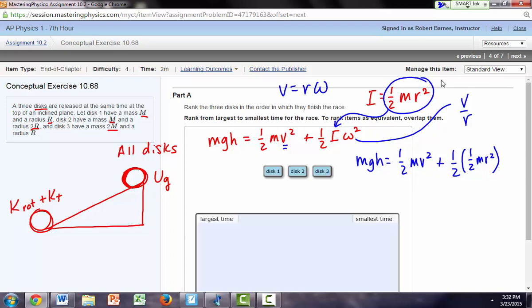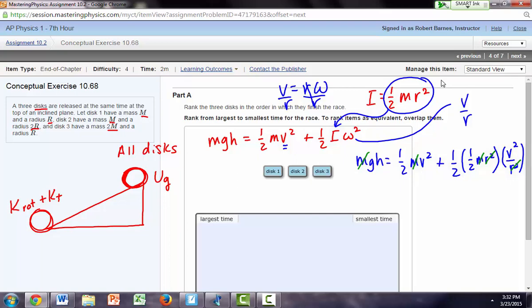So to substitute in for omega, I divide both sides by the r, like I did in the last problem with the same variable. So that's going to be v squared over r squared here. And look what happens: the r is going to cancel out. The mass is in each term. So right away you can see that the velocity, when I solve for this in a second, will not depend either on mass or on radius.